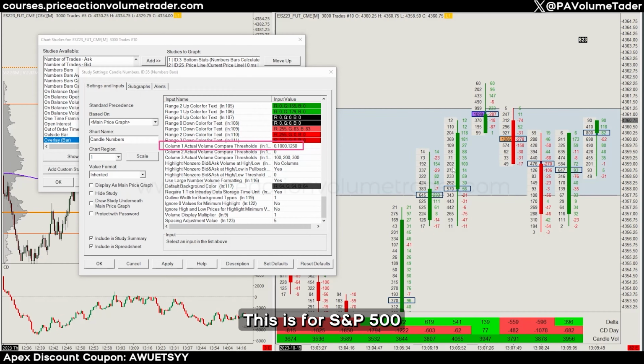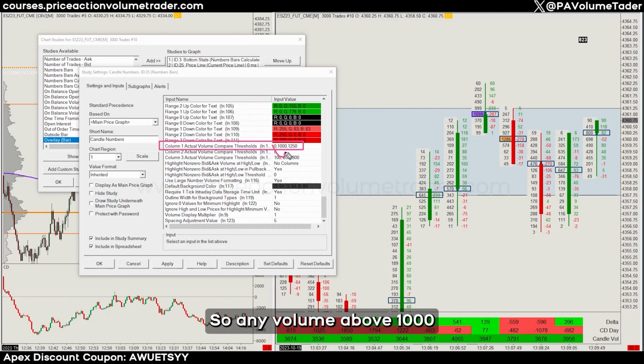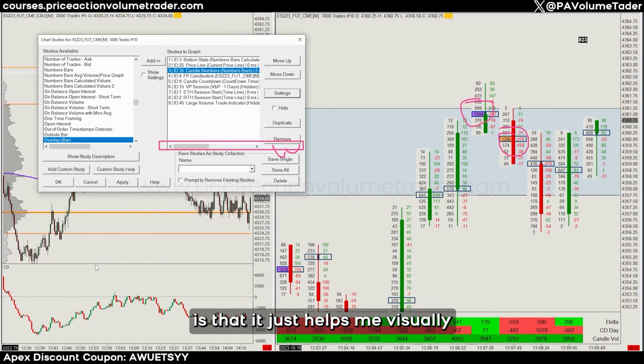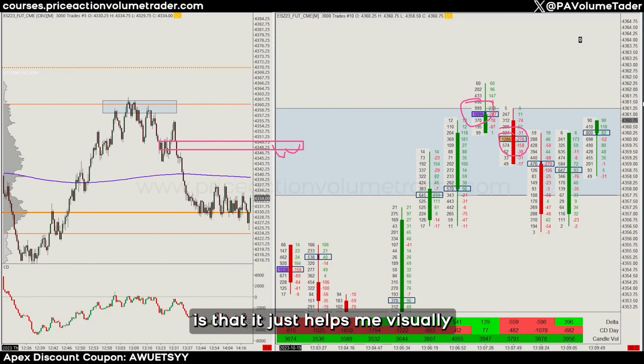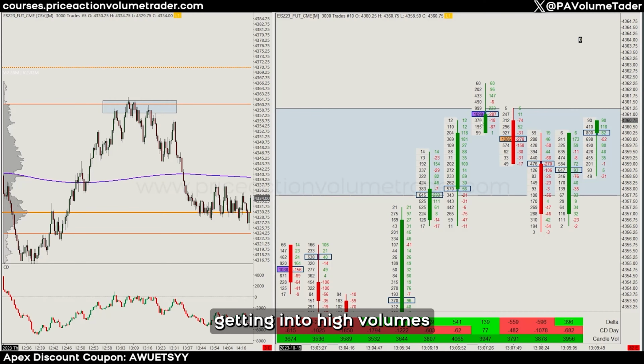This is for S&P 500 3000 tick chart during regular market hours. So any volume above 1000 is going to highlight purple. Any volume above 1250 is going to highlight in orange. This is total executed volume at each of these tick levels. And the way I use that is that it just helps me visually, a lot easier, to see where we are getting into high volumes.